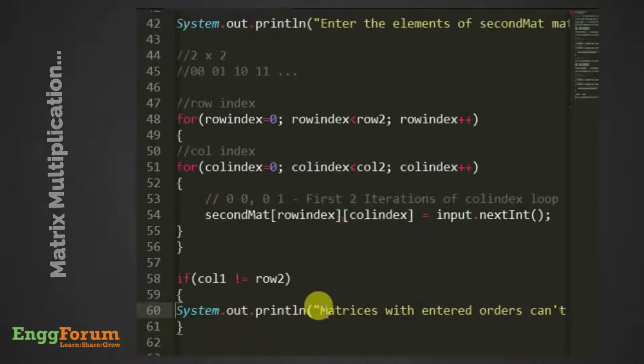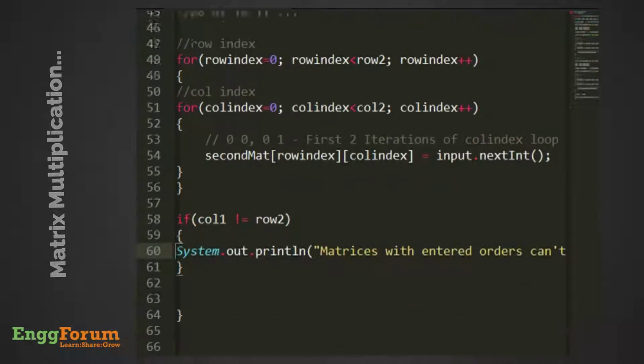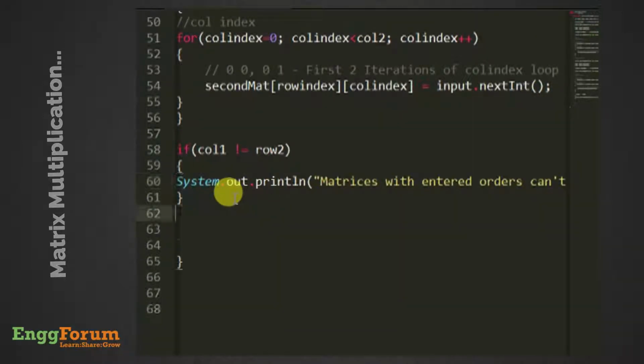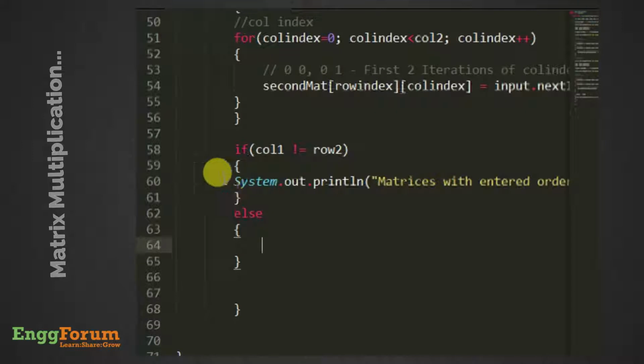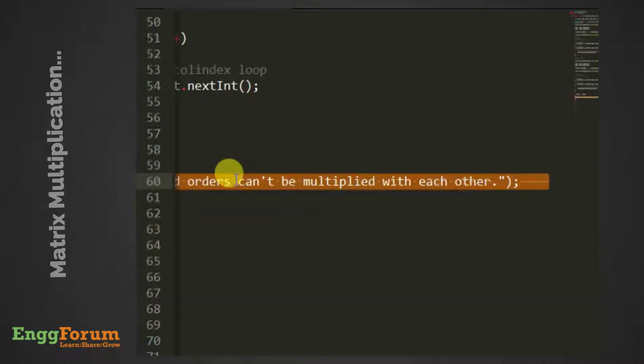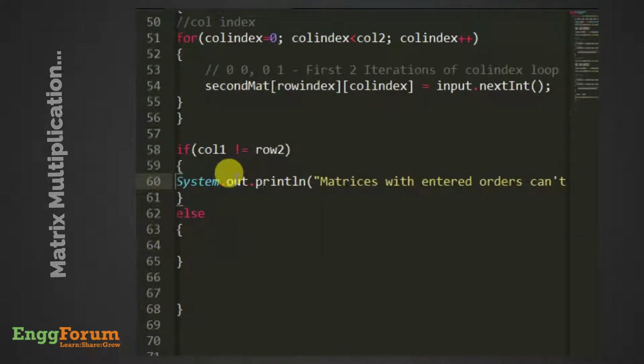You can even place these codes in a try-catch block. Let's move to the else part. Declare a two-dimensional matrix resultMat. ResultMat will store the multiplication result of firstMat and secondMat.